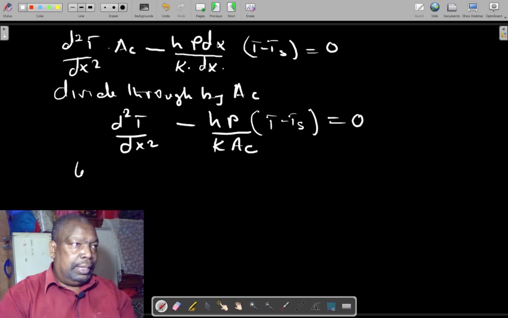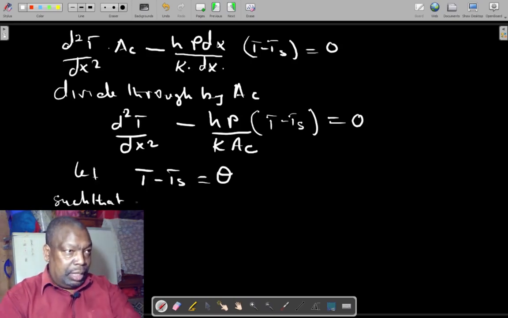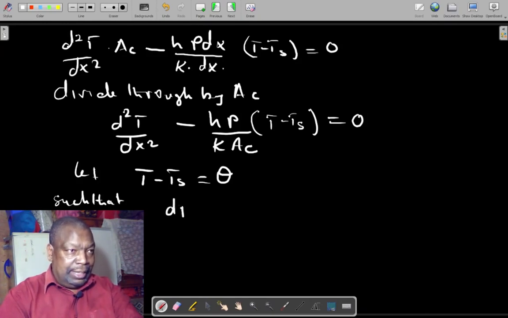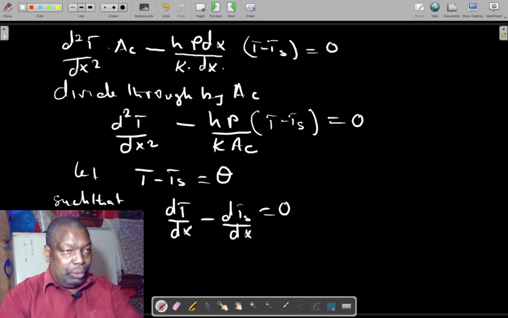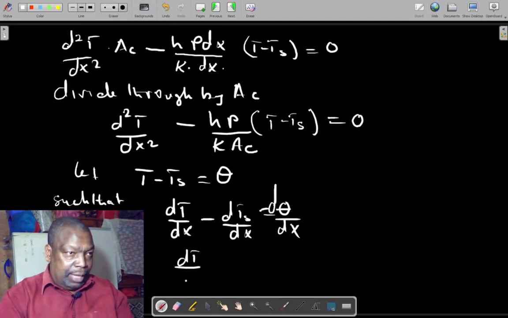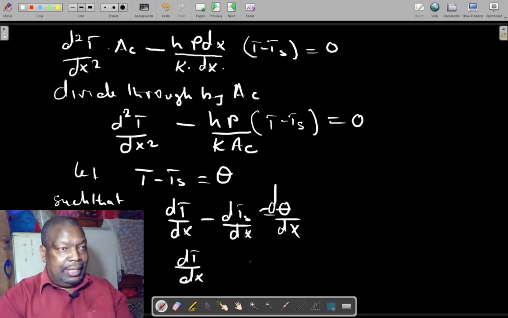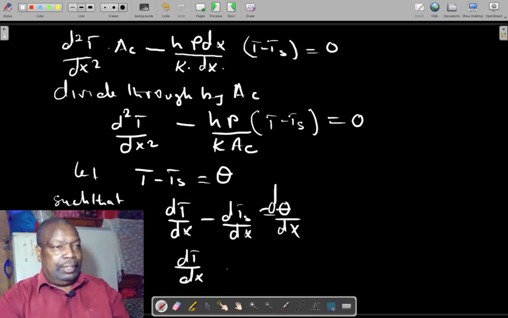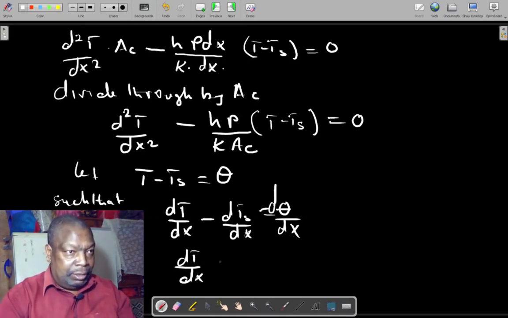Now let theta equal T minus Ts, such that if you differentiate with respect to x, you get dT by dx minus dTs by dx, which is equal to d theta by dx. So this becomes dT by dx, since dTs by dx is 0 because Ts is a constant.